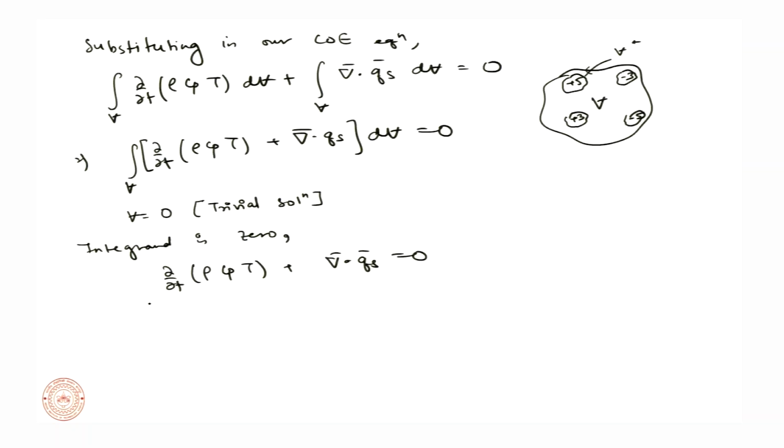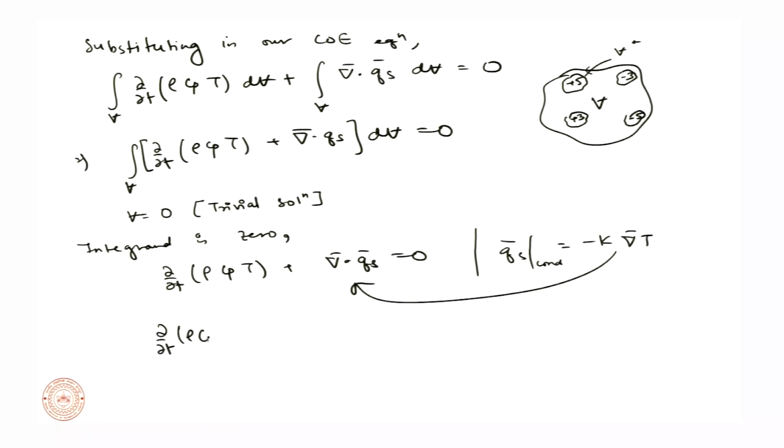Okay. Now, let us substitute our Qs back from our heat conduction equation. Qs from conduction was equal to minus K del T. We can substitute this over here. We will have del by del t of rho Cp T plus the divergence of minus K del T equals 0, right.